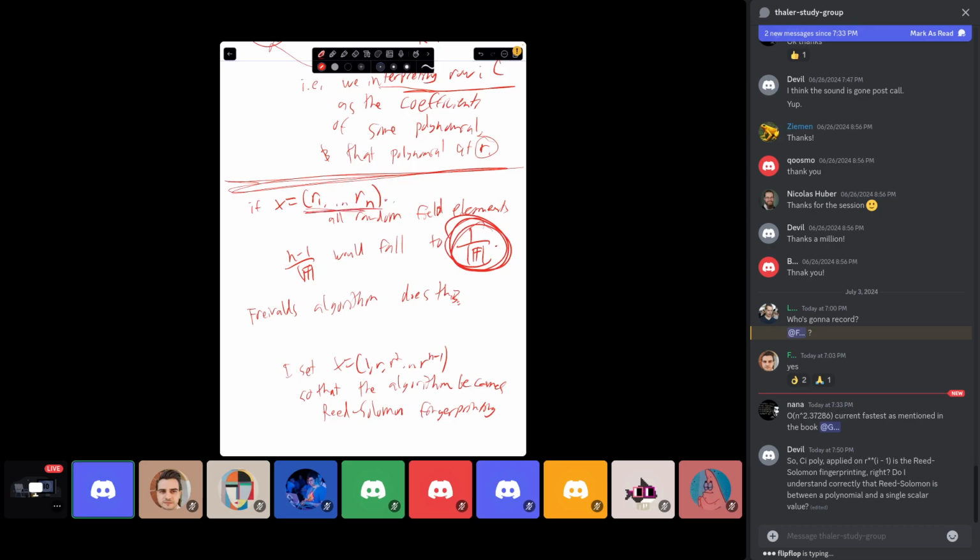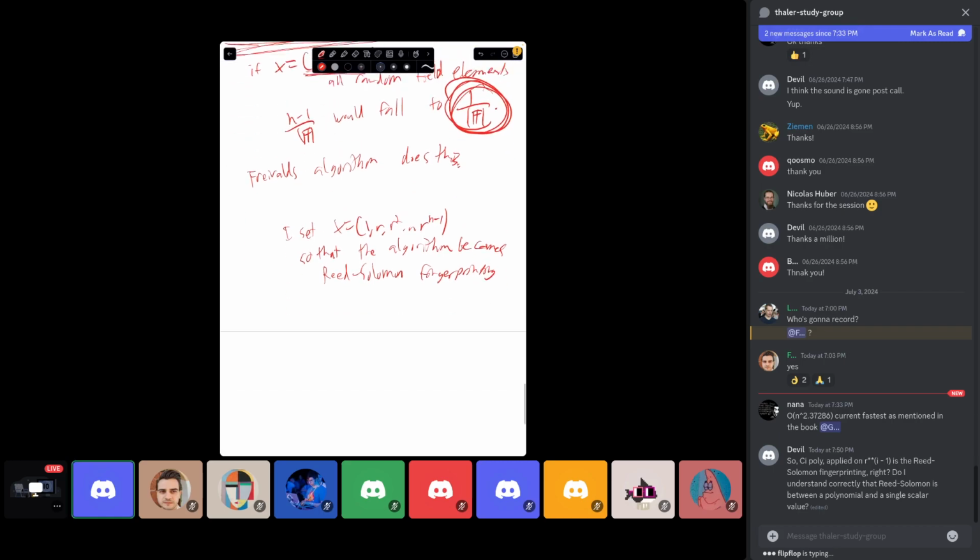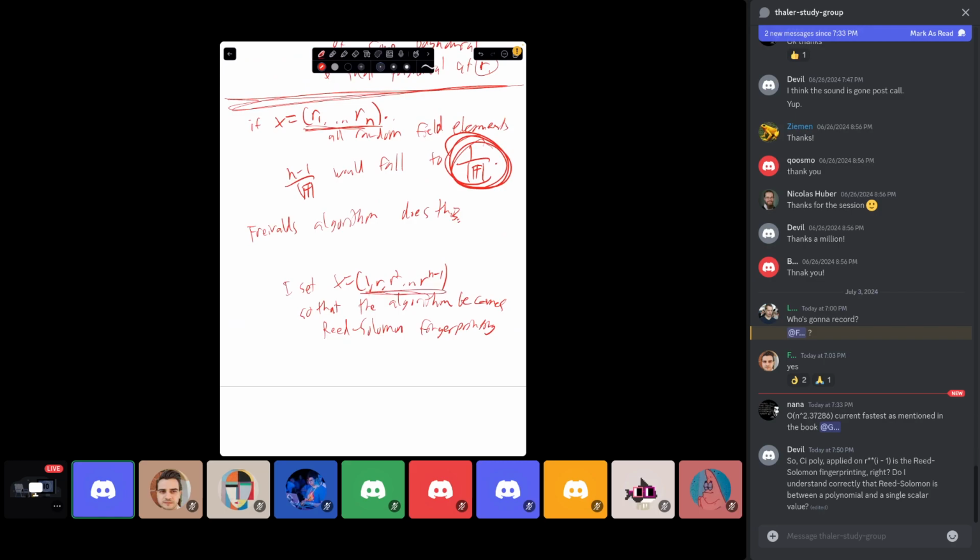But that is sort of the cleanest and nicest way to analyze it. And so, I use powers of R in the book just so that you can analyze the error probability. If you use Reed-Solomon fingerprinting, you can analyze the error probability via facts about univariate polynomials. You don't need to talk about multivariate ones.